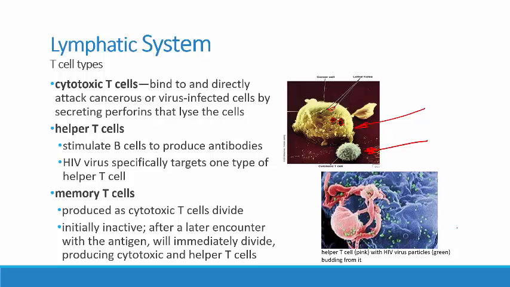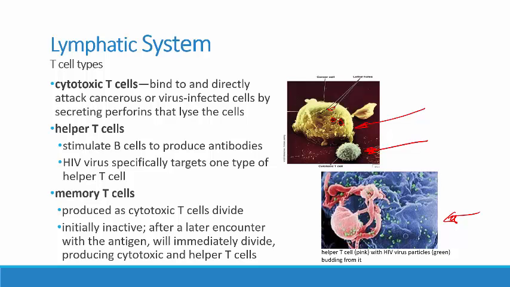Oh, I forgot to point out this image here. I love this one too. The helper T cell is in pink, and this is a helper T cell that has been infected with the HIV virus, and you can see the green HIV virus particles that are budding off of the helper T cell. Unbeknownst to the helper T cell, it's now been recruited.